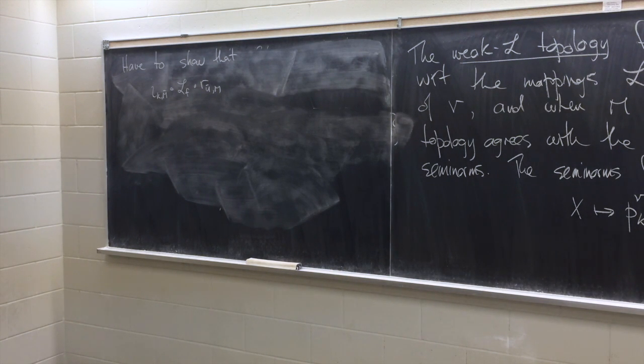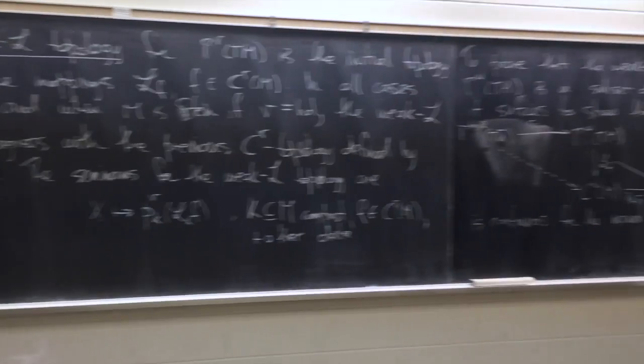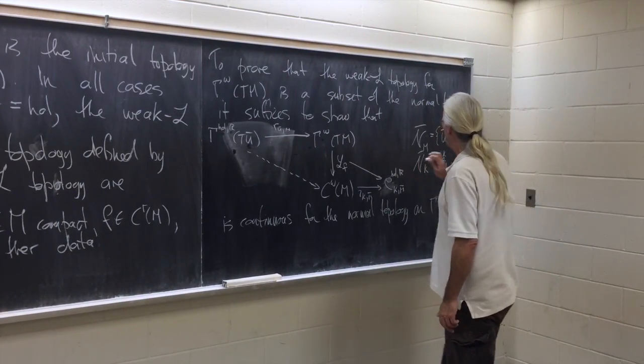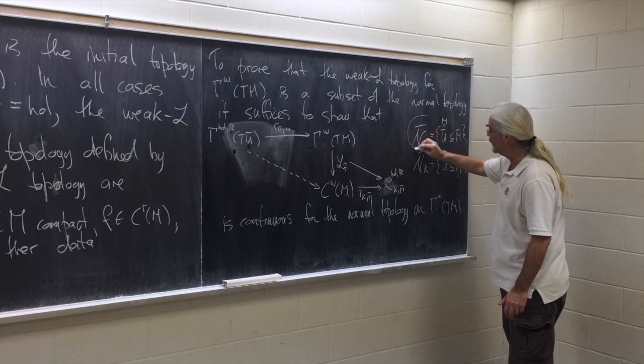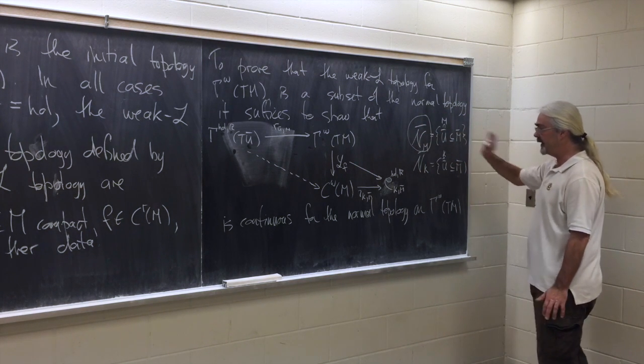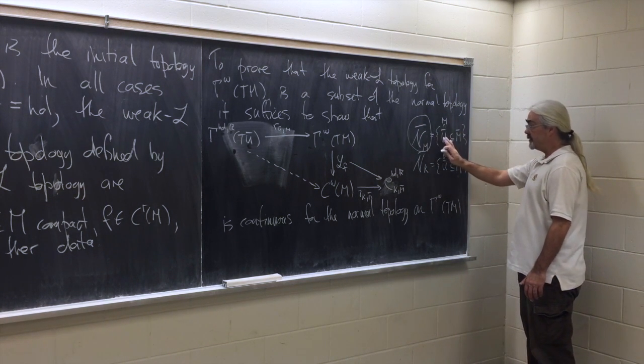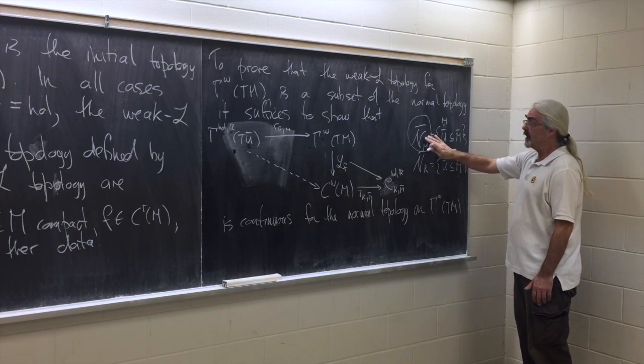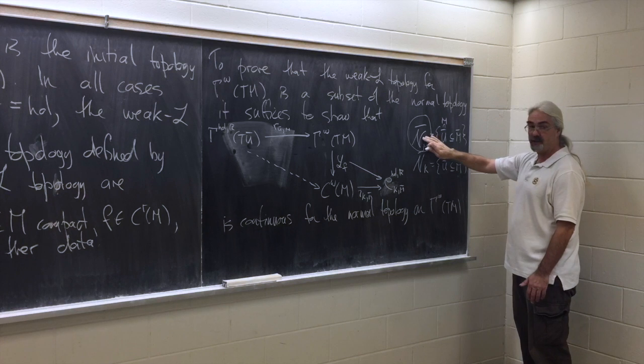This is the part where you have to know something about real analytic geometry. What you know is that in this set here, this is a directed set of neighborhoods of M in M bar. In this directed set are neighborhoods that are Stein.